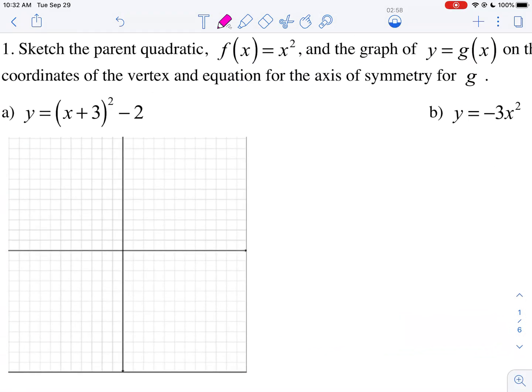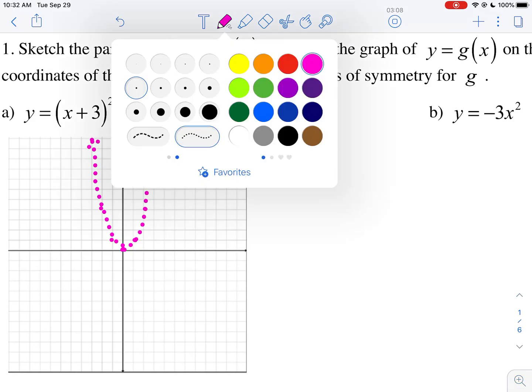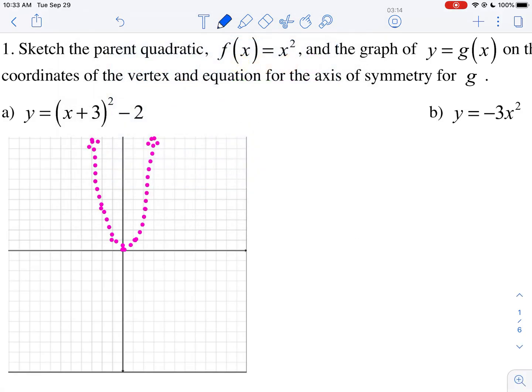My parent graph is the 0, 0, 1, 1, 2, 4. Okay, and then I'll put it back solid and change colors. Okay, so here I can tell the vertex is -3, -2. The axis of symmetry is x equals -3.